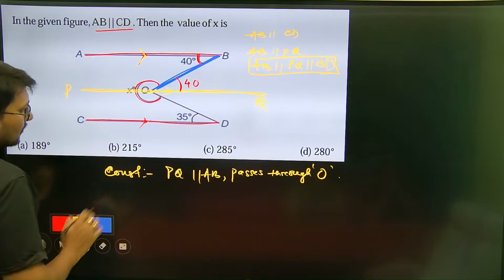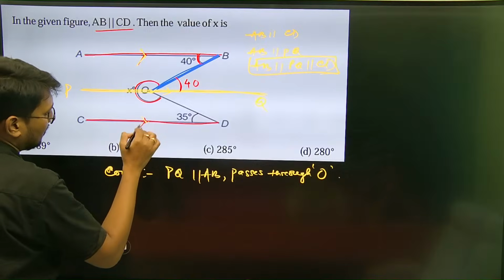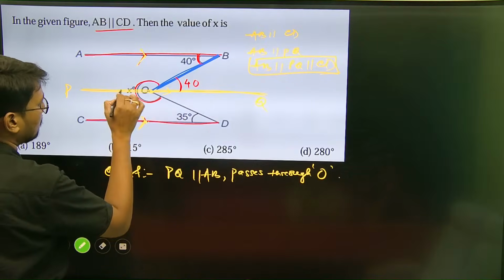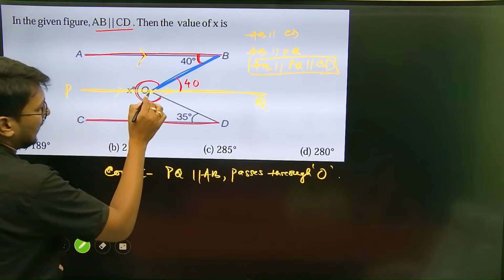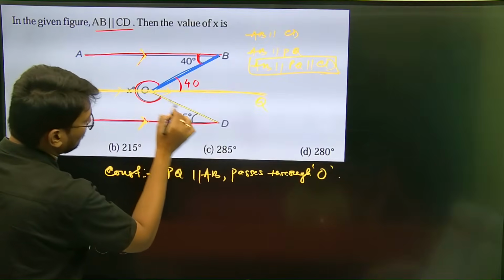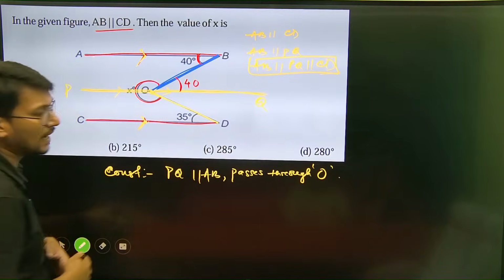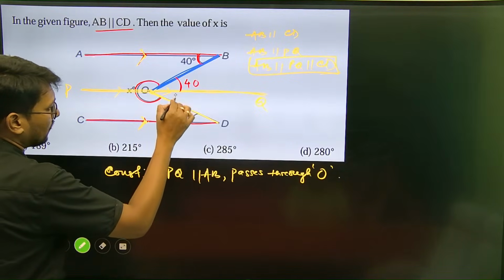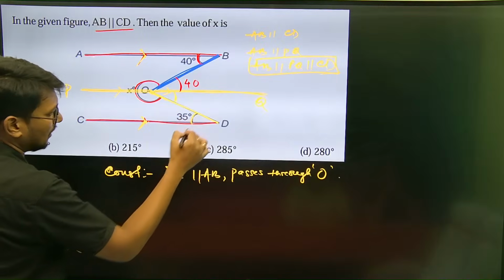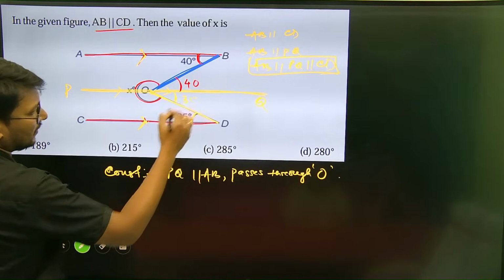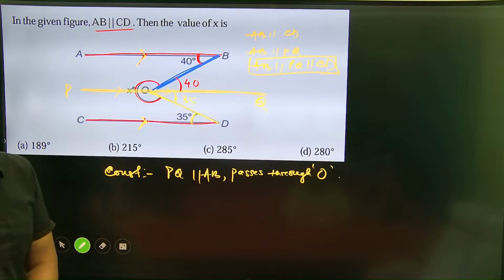Similarly, this is also parallel: CD parallel to PQ. And now what is OD? OD is a transversal. So therefore definitely, children, these two angles are equal. This is 35. So this is 35, right?